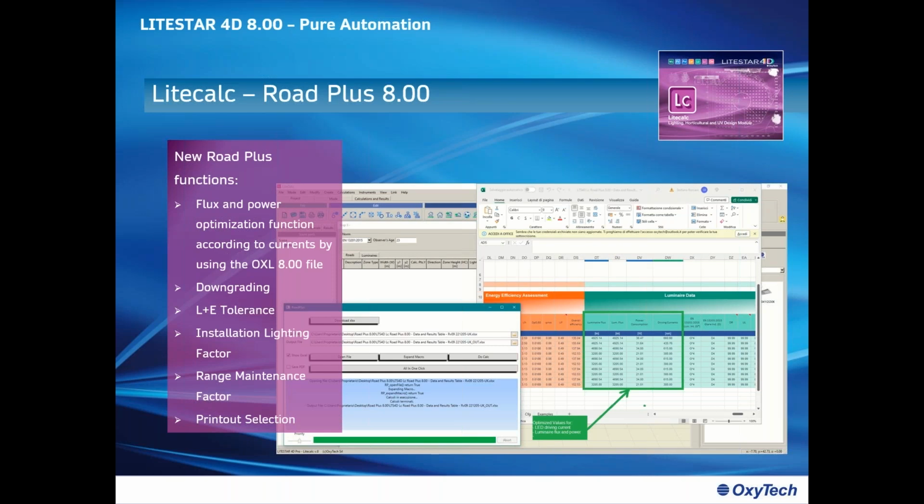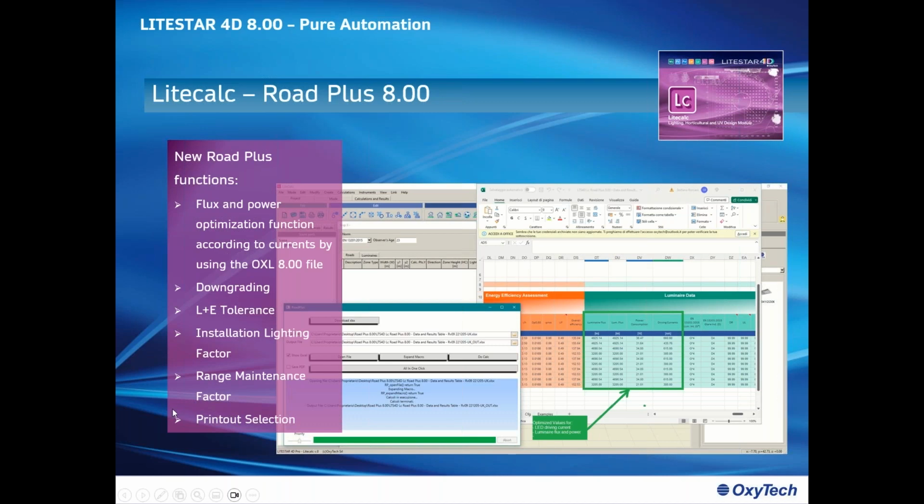They asked us to introduce a factor that could, in a different way, manage the same concept of the downgrading. The installation lighting factor is a factor that is applied to the maintenance factor, and it is reducing the flux in function of the value that you introduced.